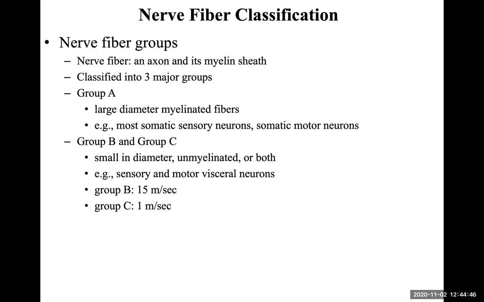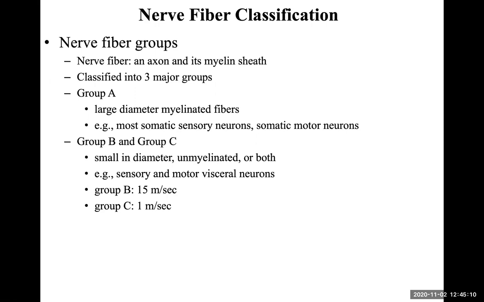So examples of group A fibers are going to be somatic motor neurons, right? The motor neurons that are responsible for skeletal muscle movement. And then also the sensory neurons, neurons that are responsible for taking information from those structures under conscious control, like skeletal muscle, back to the central nervous system for processing.